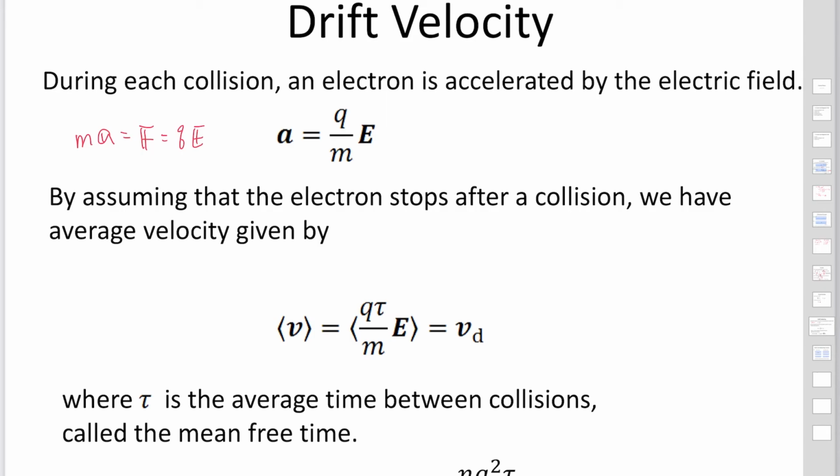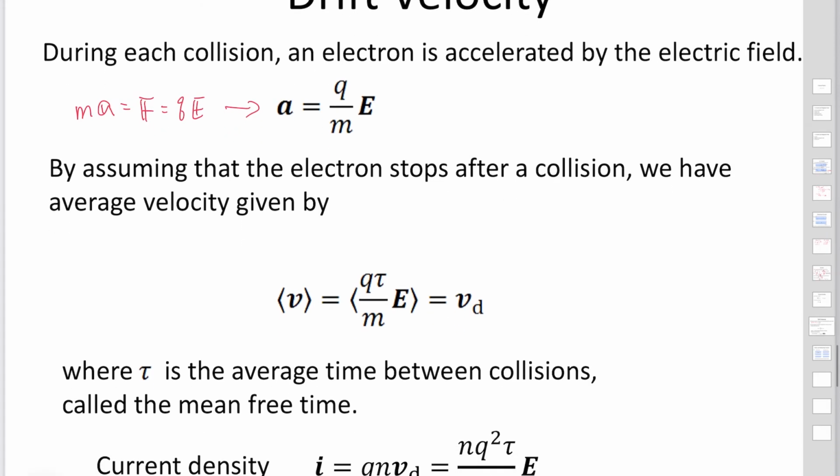From this equation, the acceleration is given by q over m times the electric field. By assuming the electron stops after the collisions, we have the average velocity. So v is given by a times t, and as t we consider the mean collision time of the electrons and the ions, a times tau, where tau is the average time between collisions.